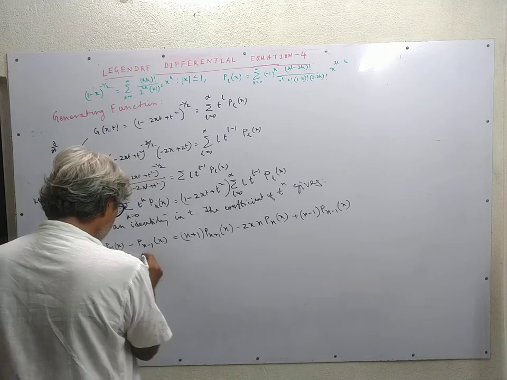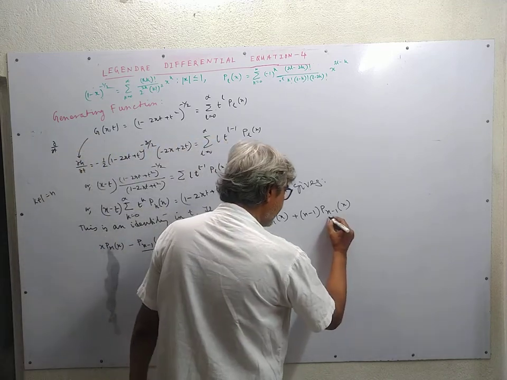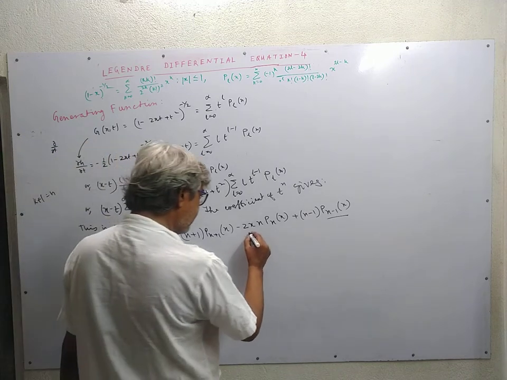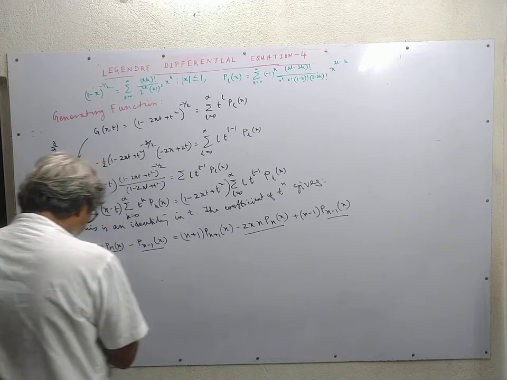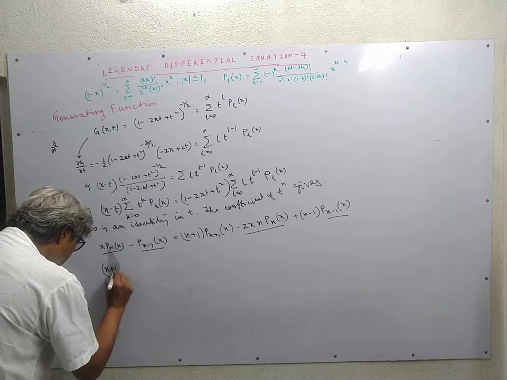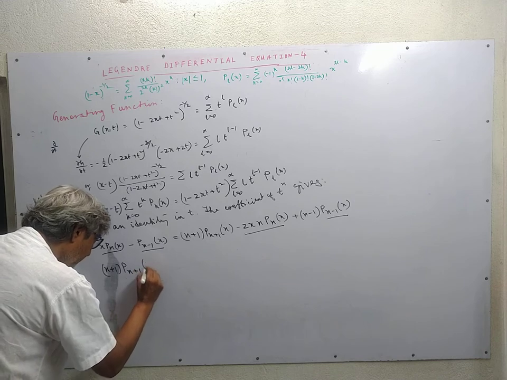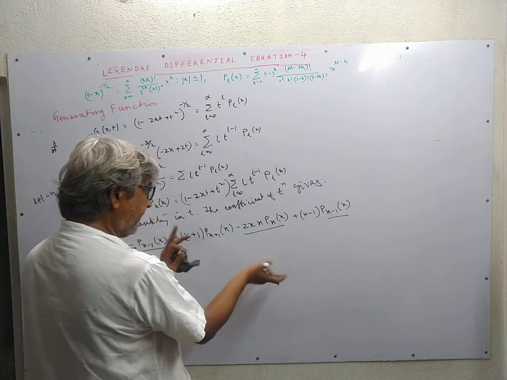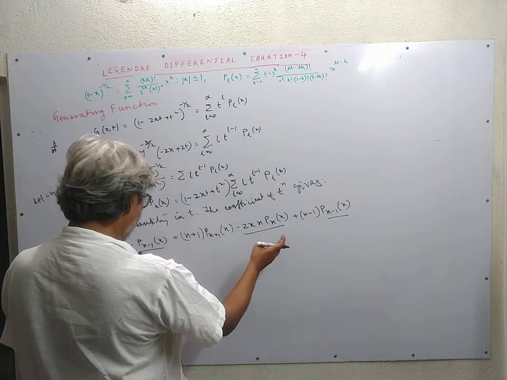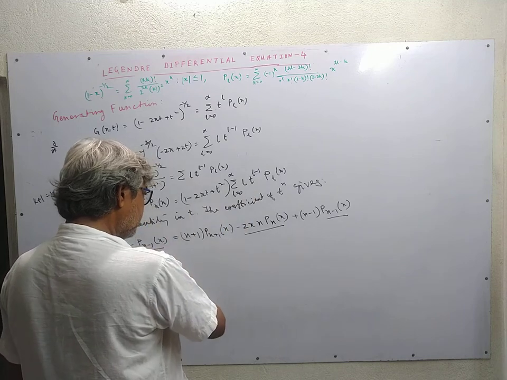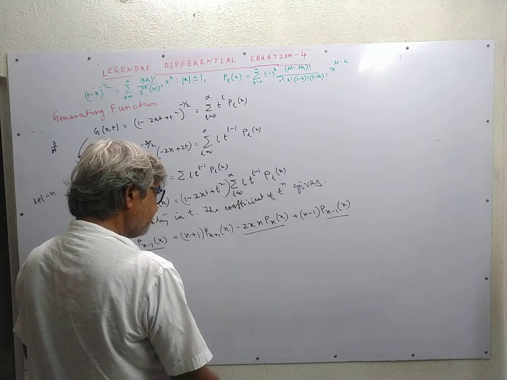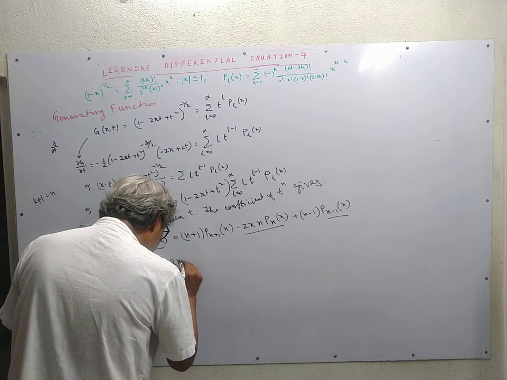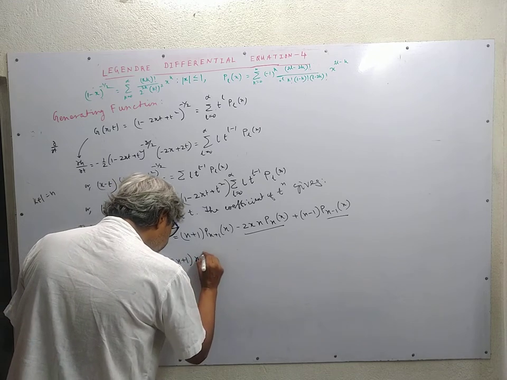Now p n minus 1 occurs in two occasions, and we write n plus 1 p n plus 1 of x. So we keep it on one side and take the others on the other side. If we take it on the other side, this will be 2n plus 1 x pn of x.